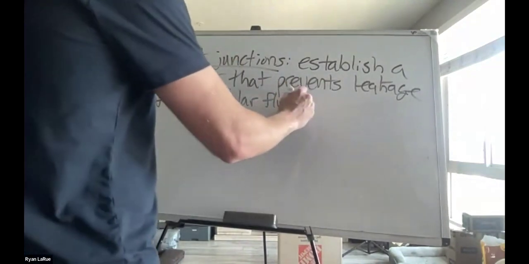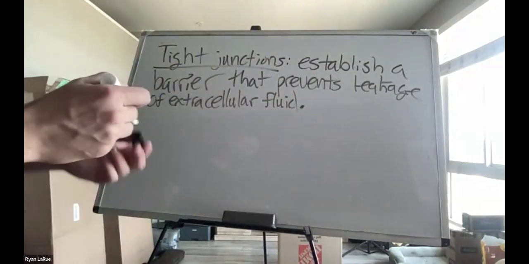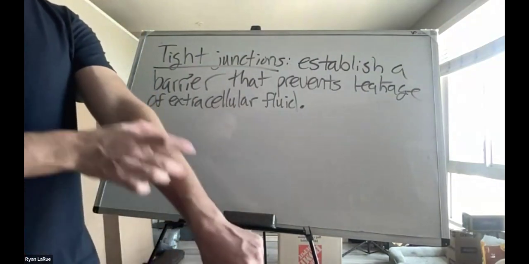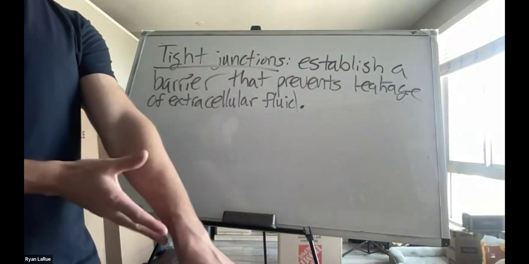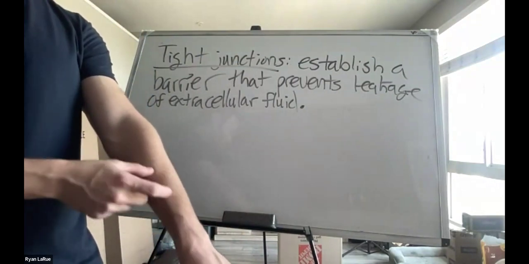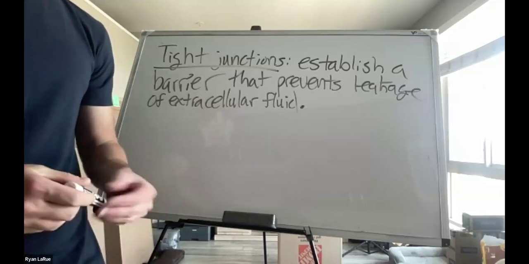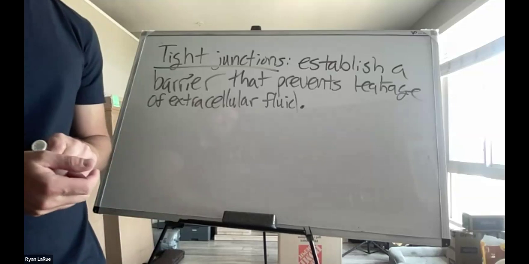So a classic example is our skin cells. Skin cells are all connected by tight junctions to prevent water loss from the underlying connective tissue, which is good. We don't want to lose too much water.